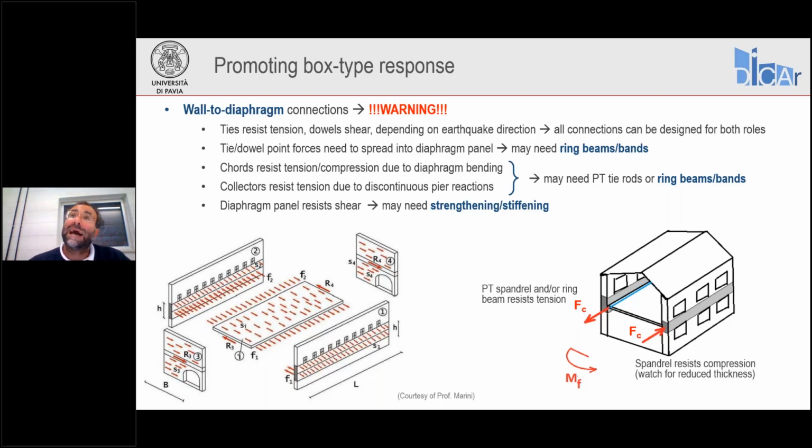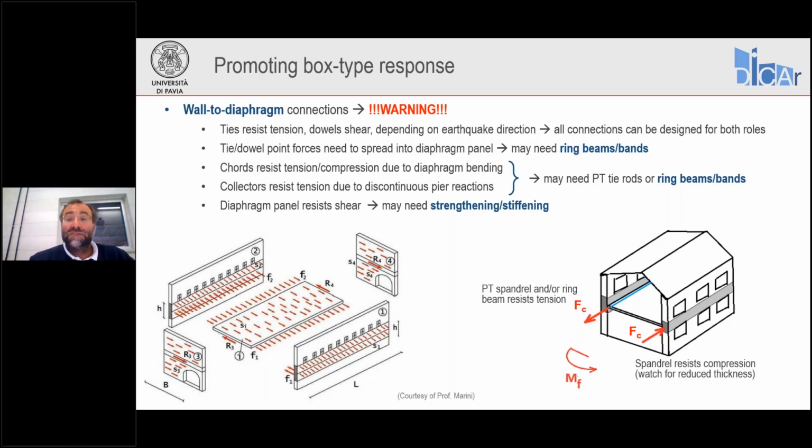Tie rods are post-tensioning the masonry spandrel. So this spandrel is now subjected to compression, like a pre-stressed beam, pre-stressed concrete beam, basically. So if the post-tensioning force is properly designed, it may be able to resist tensile forces without cracking, as a pre-stressed concrete beam.